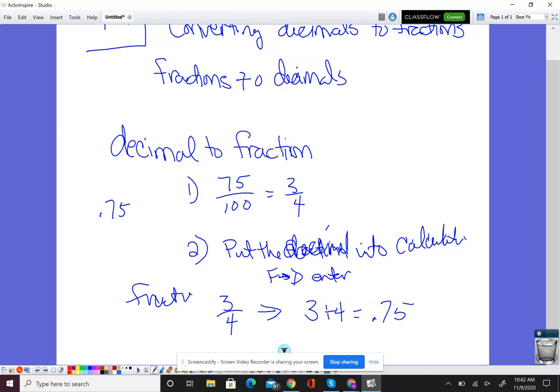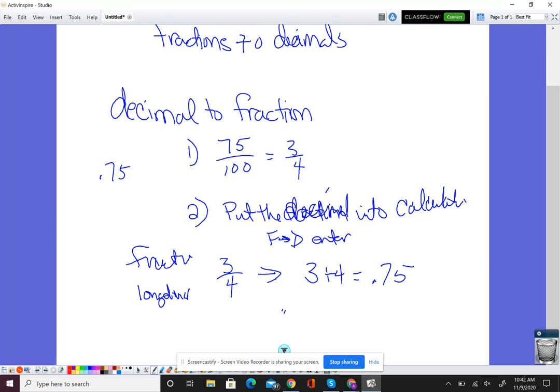So we can do long division. And then this is fraction to decimal.